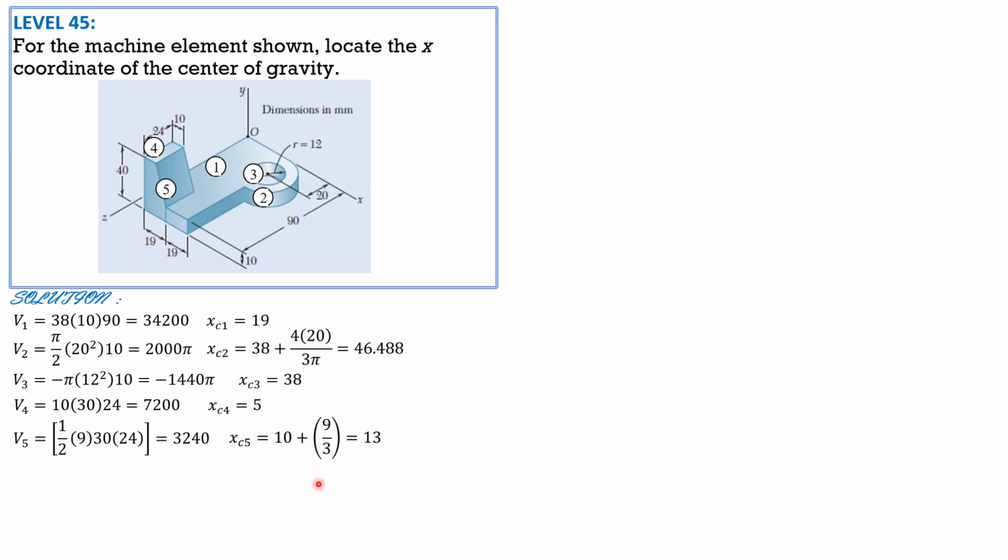By Varignon's theorem, let's compute the net volume: 34,200 plus 2,000π minus 1,440π plus 7,200 plus 3,240.